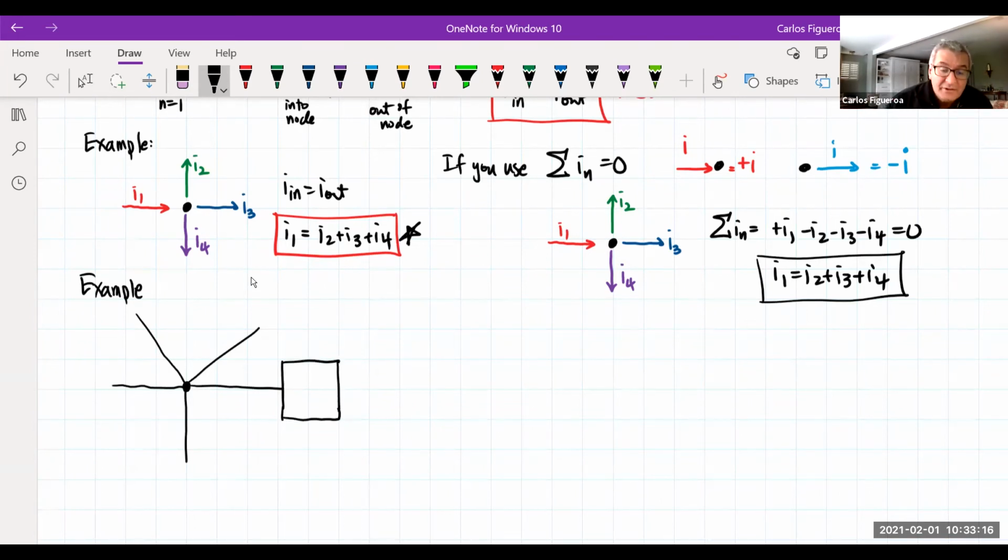And you're given 3 nodes. This is X, Y, Z.